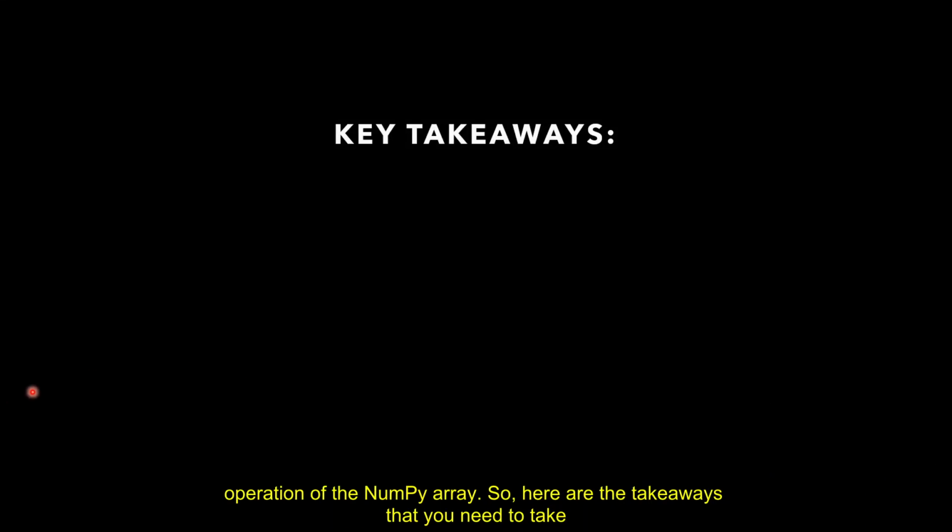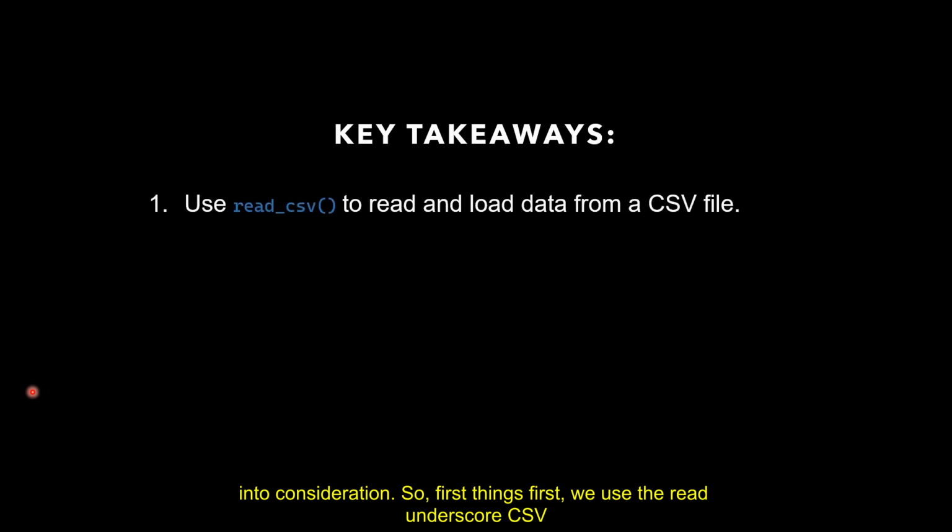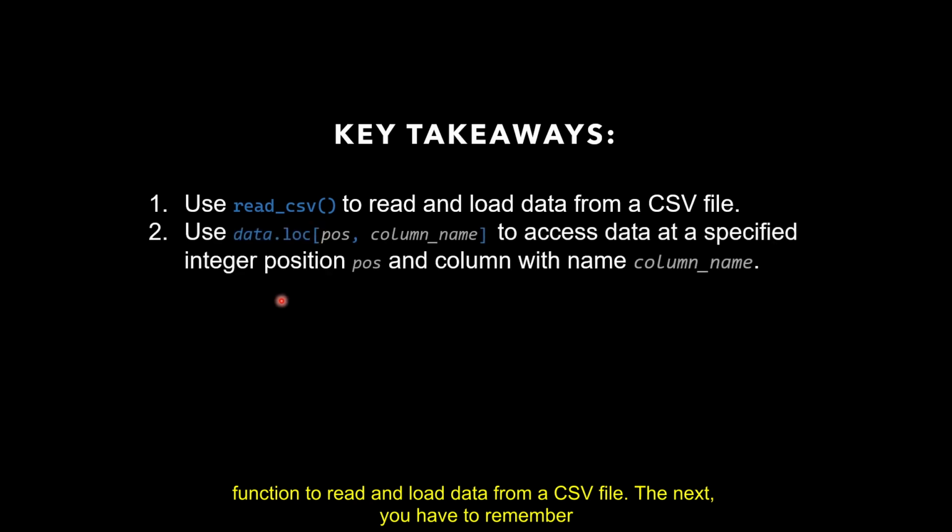So here are the takeaways that you need to take into consideration. First things first, we use the read_CSV function to read and load data from a CSV file. Next, you have to remember that we use data.loc, or LOC. The first argument is the position in integer, and then you need to specify the column name.